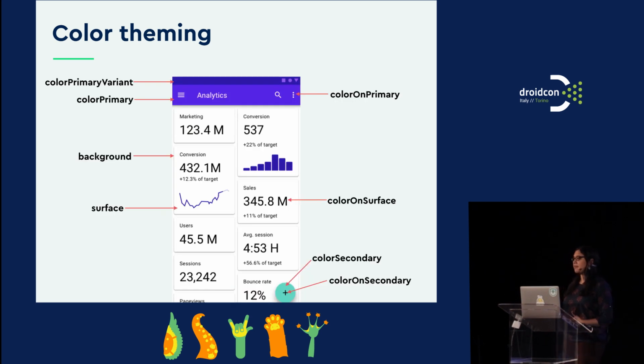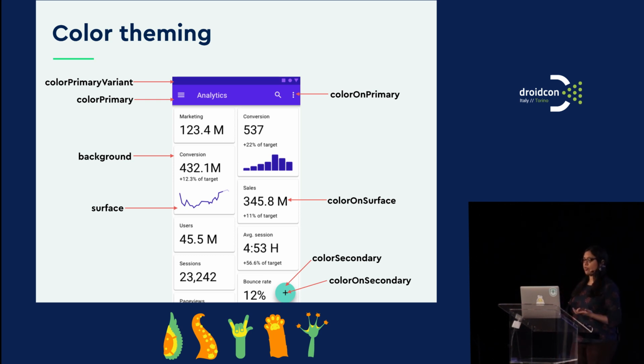To understand that, let's take a look at an activity that is styled by the base Material Component theme. So nothing is customized here. And we're going to go over the attributes one by one. So one of the new attributes is the color primary variant, which is similar to the color primary dark on the previous theme.